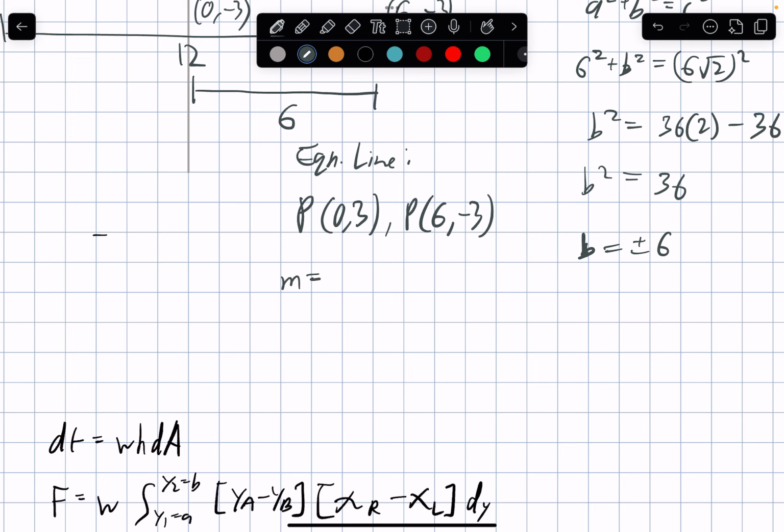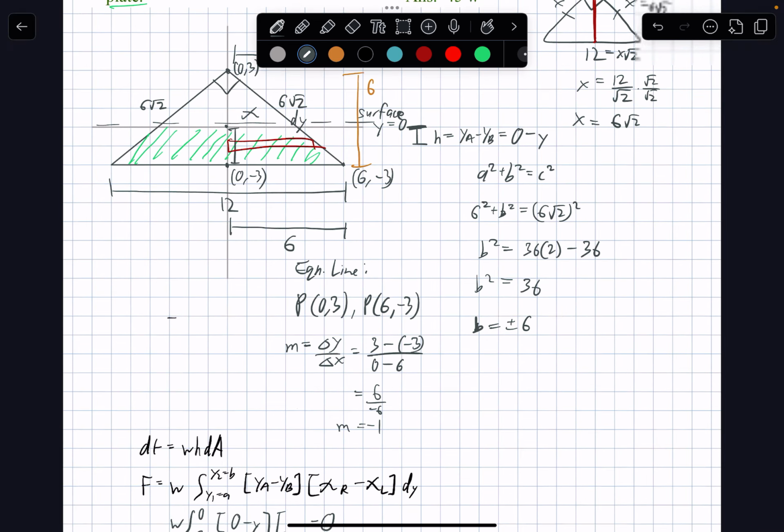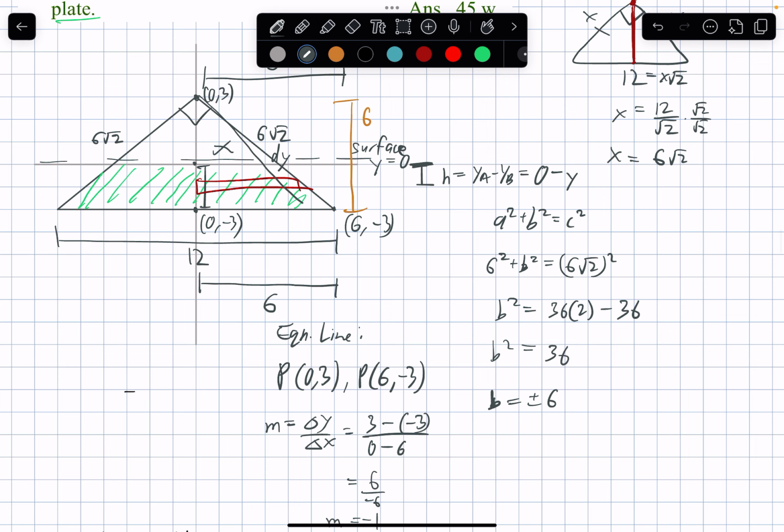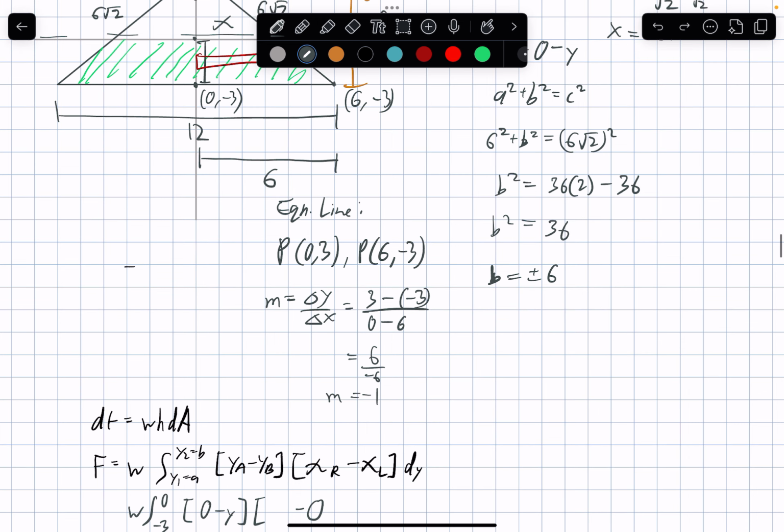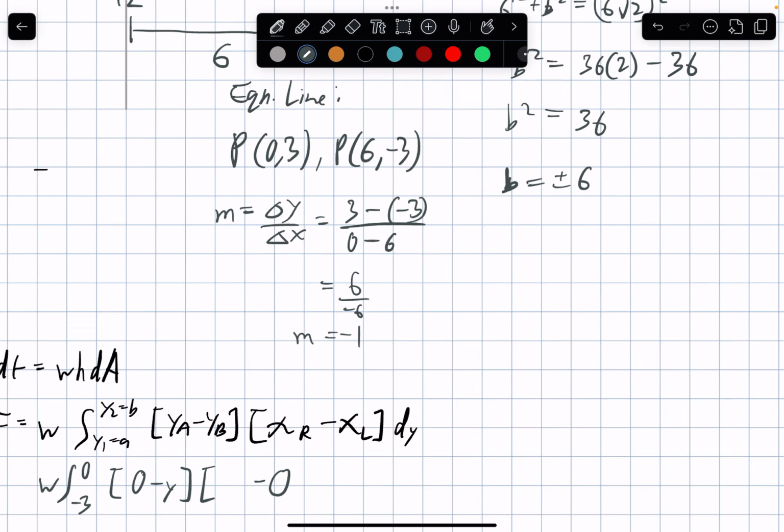so we need to find the slope. Slope is delta y over delta x. 3 minus -3 over 0 minus 6. 6 over -6 equal to -1. M is -1. Makes sense because the line is going that way. If it were this way, then the slope has to be positive.